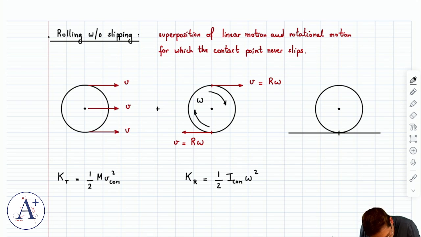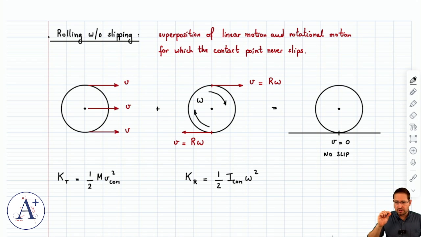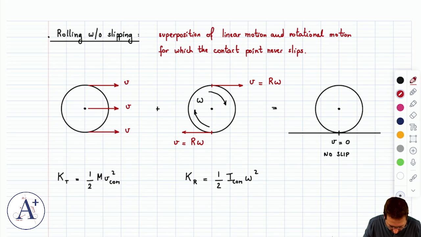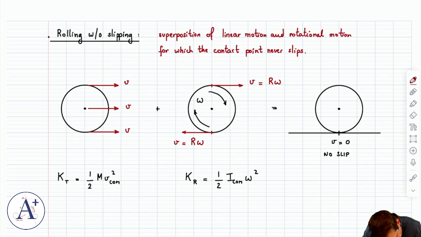And so for the combination of the two, I need v to be 0 here because I have a no-slip condition at the contact point between the ball and the ground. Then I need this to cancel this. So in other words, it has to be the case that here v is R omega, which means that all of these are R omega.